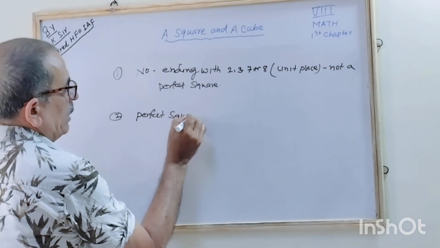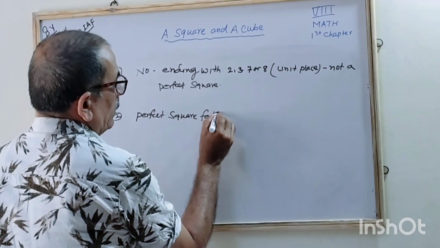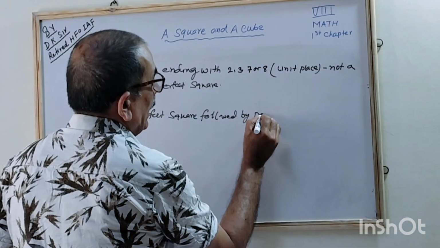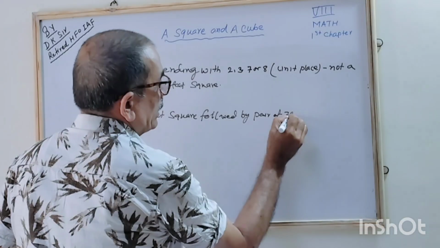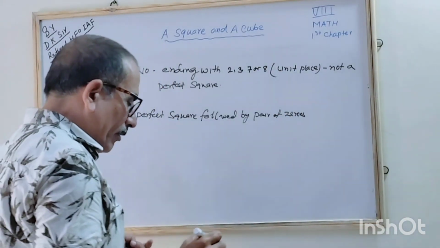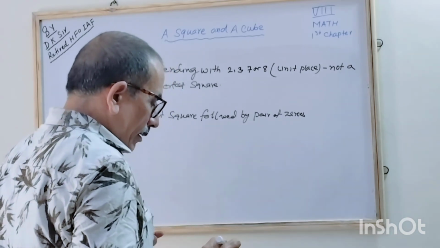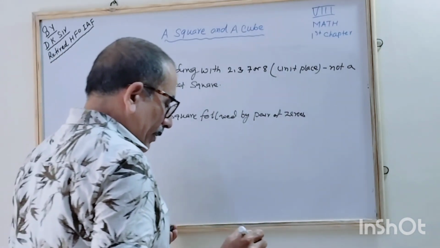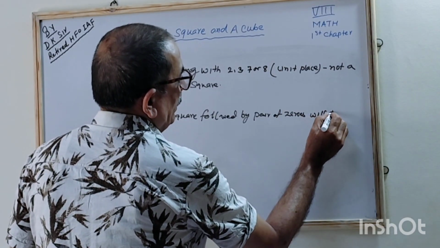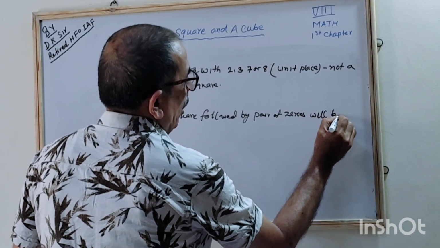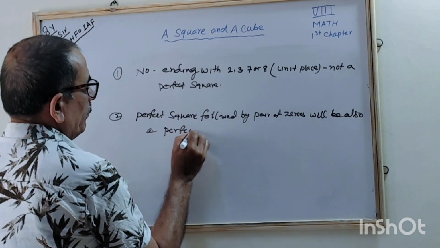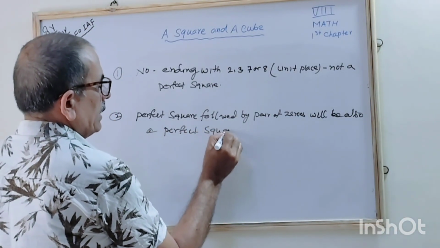If there is any perfect square, followed by a pair of zeros, it will also be a perfect square, correct? I will give you an example.